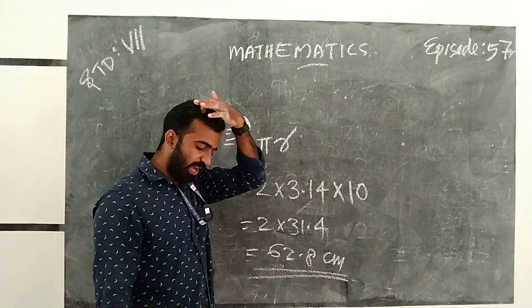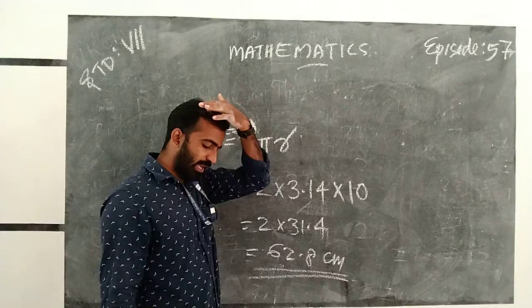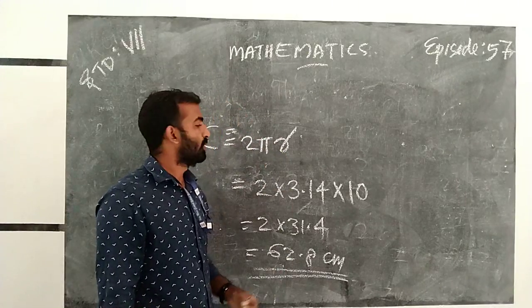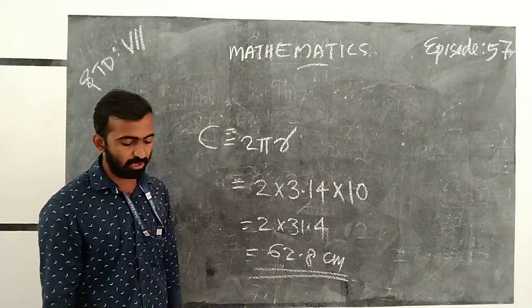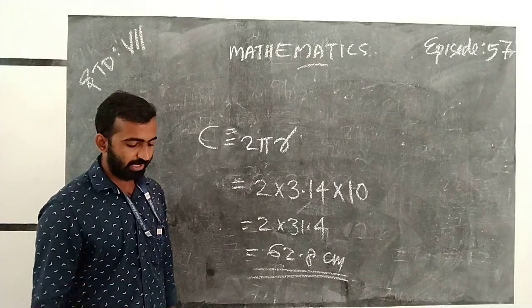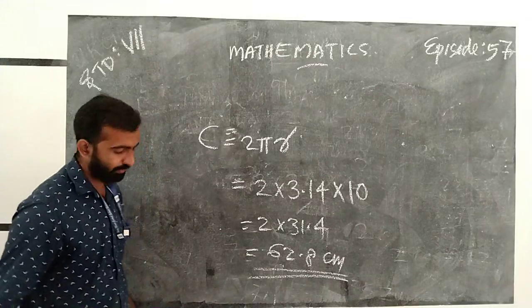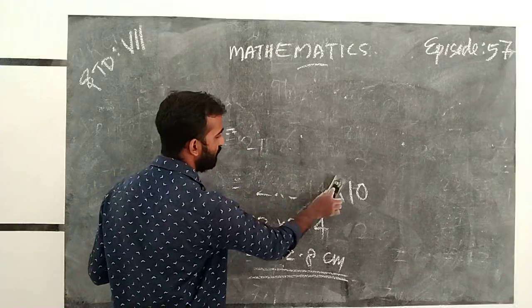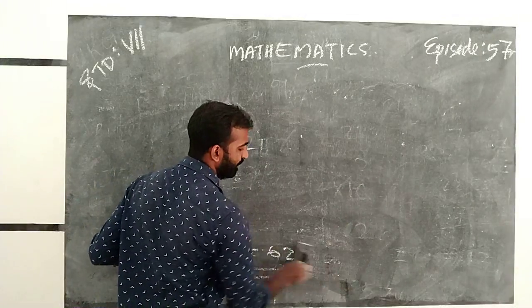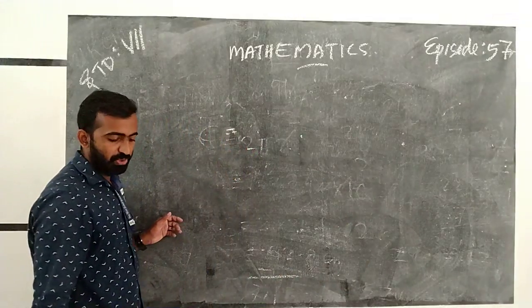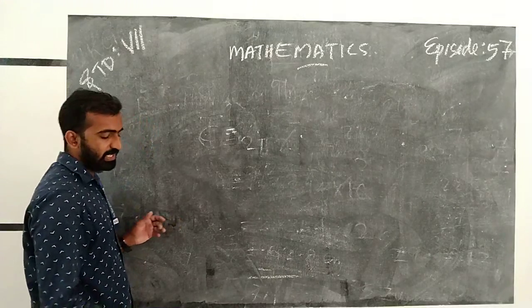And next is, find the perimeter of the given shape. Take pi equal to 22 by 7. The shape is in your textbook, page number 220, example 15.